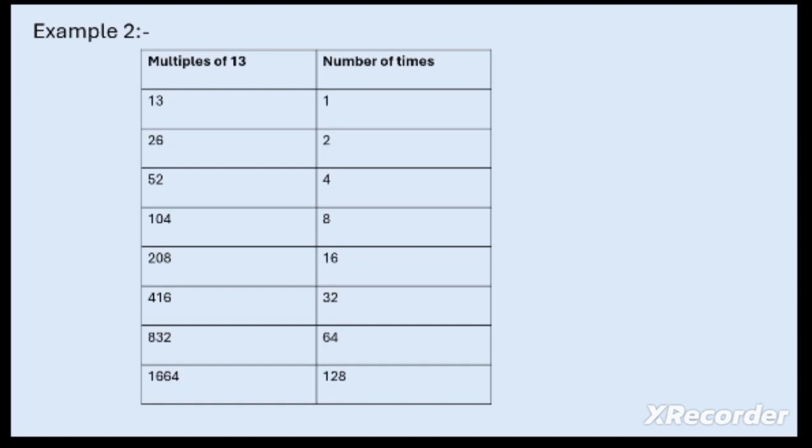Similarly, double of 104 is 208 and the double of 8 is 16. So 13 multiplied by 16 is equal to 208. The double of 208 is 416 and the double of 16 is 32. So 13 multiplied by 32 is 416.